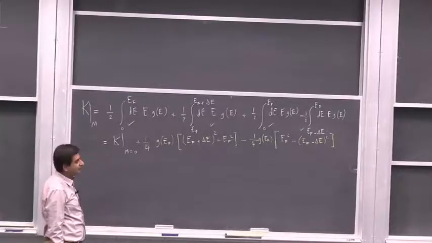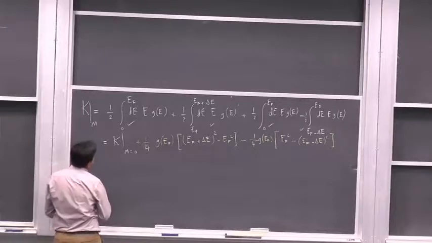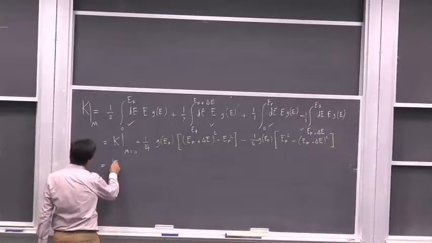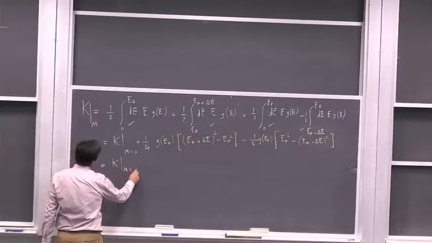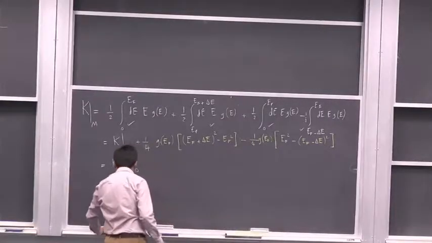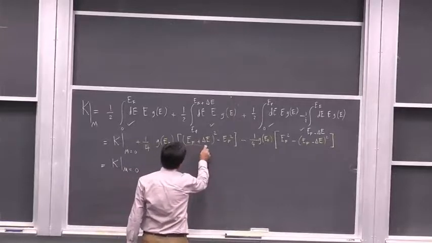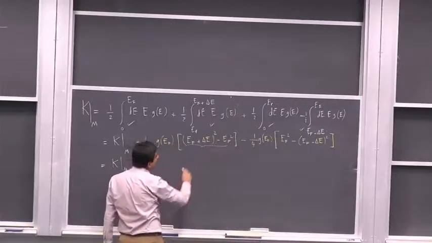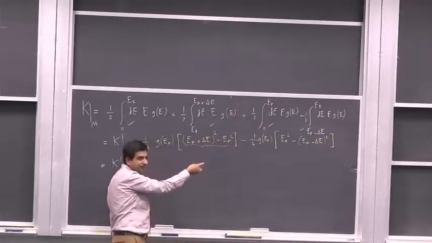Alright? So I just do the integration. So now this gives me a kinetic energy K in the absence of M. Now I can expand these. For example, if I were to expand this thing, I will get a term delta E squared.